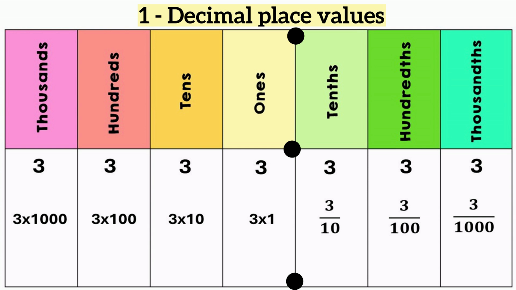It is so easy to remember that the amount of zeros in the number you divide by follows the place of the digit. So, if a digit is in the second place after the decimal point, you divide by 100 as it has 2 zeros, and so on. So, although they are all written as 3, their value changes according to their place in the number, and this is why it is called place value.